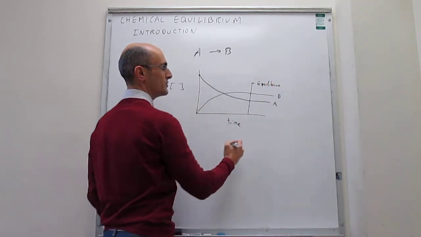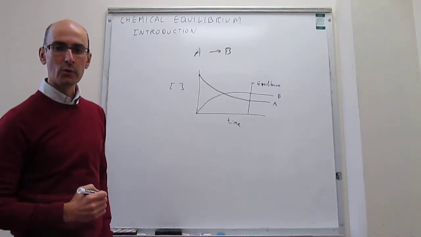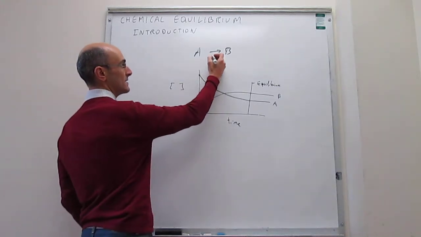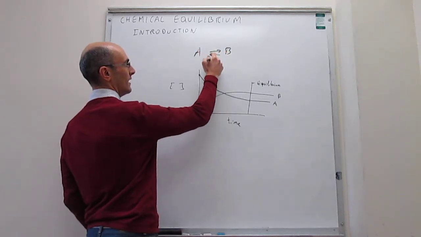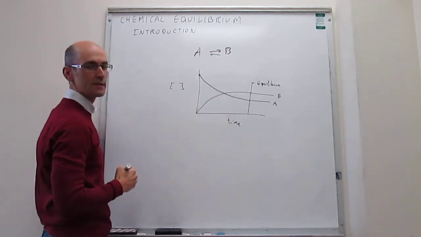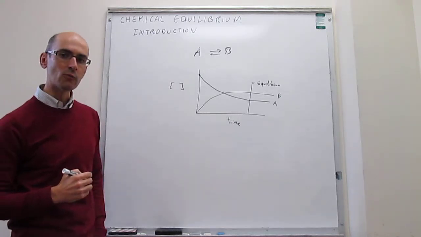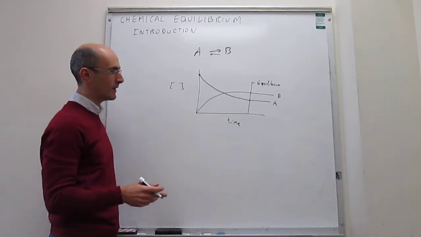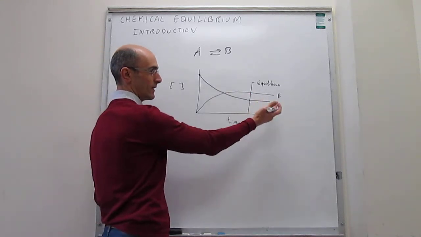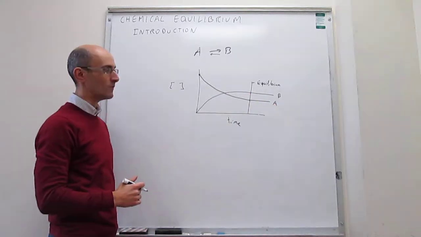There is an important condition in which equilibrium takes place, and that is that the reverse reaction, B to give A, has to proceed to some extent. So you have chemical equilibrium when the reaction is reversible. Again, the hallmark for chemical equilibrium is that the reaction has not proceeded to 100% completion.